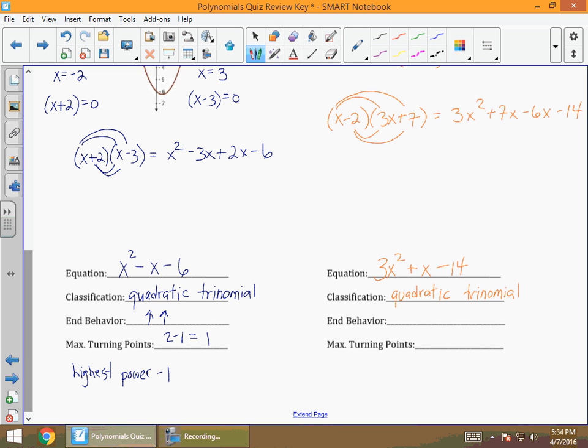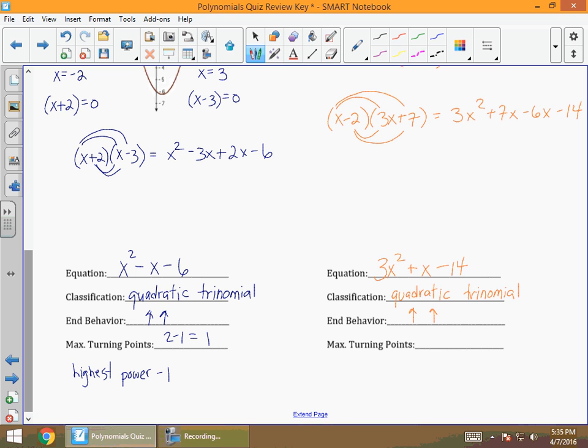But you will notice that they are both up. Some of you may recall that we talked about any time you have an even power, they point in the same direction. So I know that they're either both up or both down. And since the 3 is positive in front of x squared, that positive tells me that they both point up.